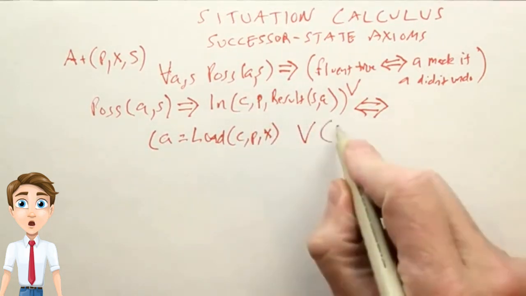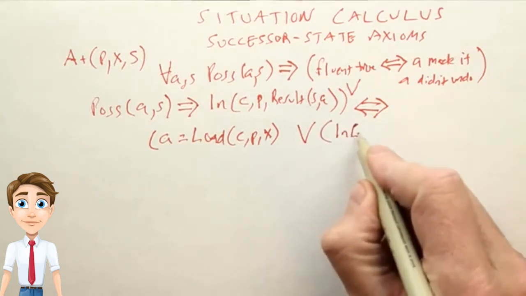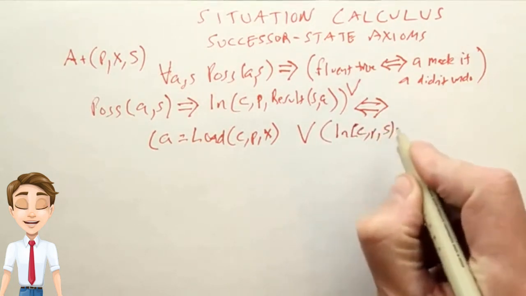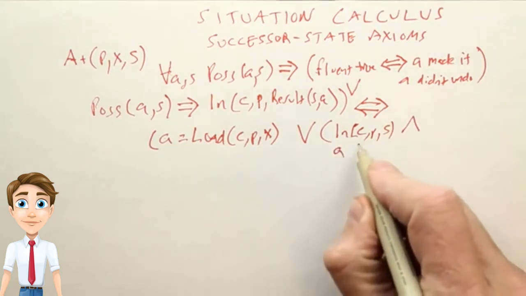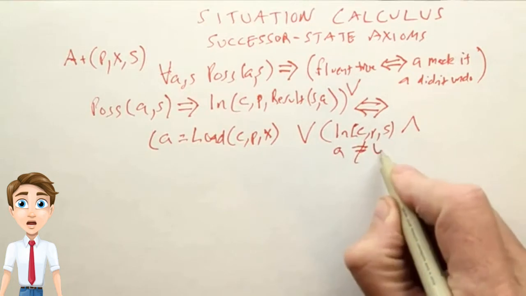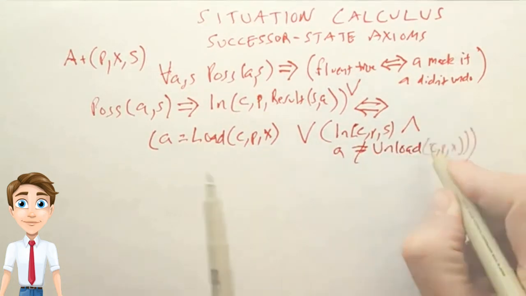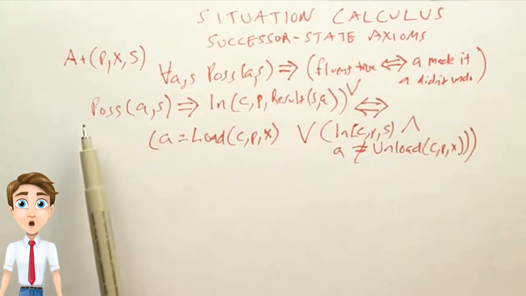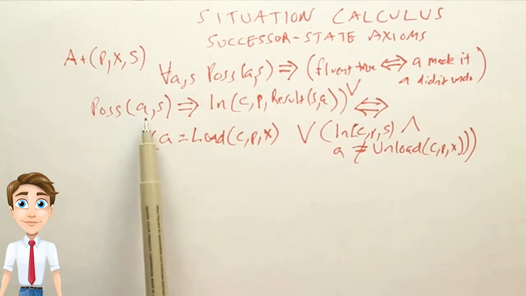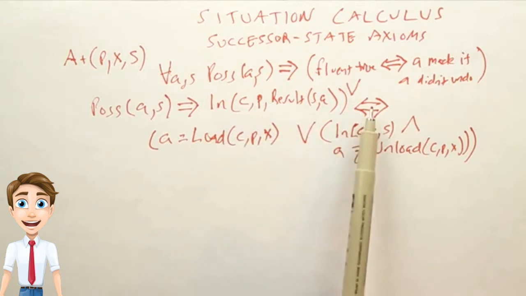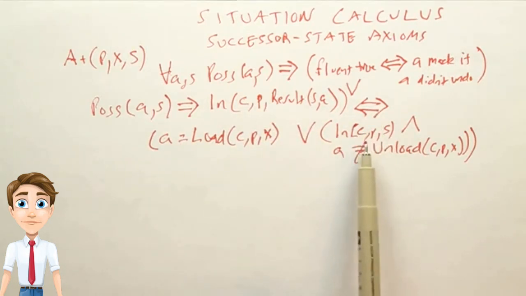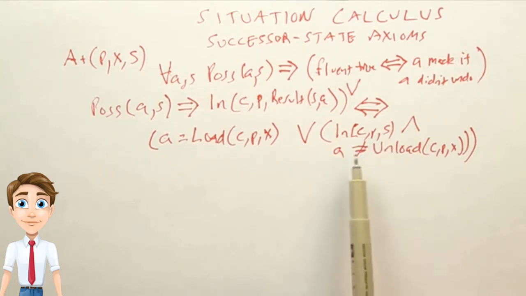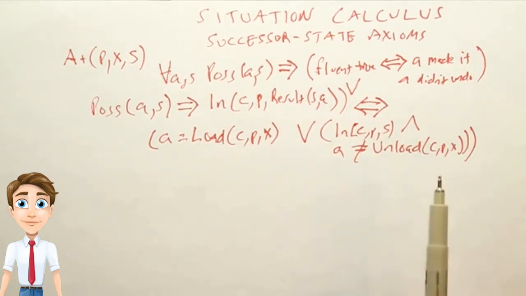Or it might be that it was already true that the cargo was in the plane in situation S, and A is not equal to an unload action. So for all A and S for which it's possible to execute A in situation S, the in predicate holds if and only if the action was a load, or the in predicate used to hold in the previous state and the action is not an unload.